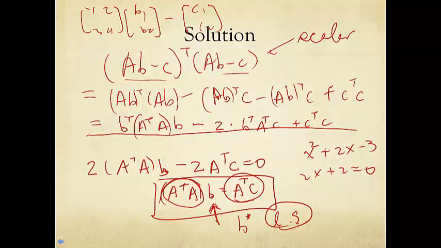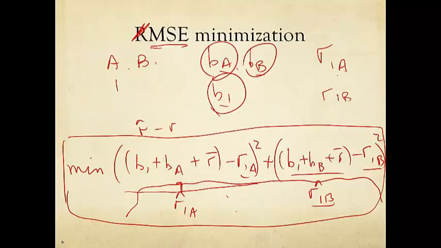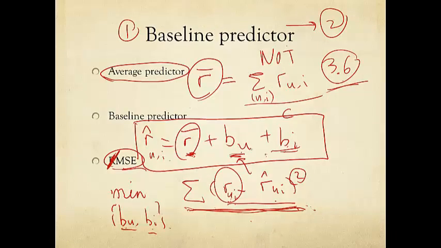Okay. Now you may wonder, this is kind of complicated. Why don't I just pick BU/BI to be the average rating across all movies for this user and average rating across all users for this movie? Well, it turns out that's a reasonable guess, but it does not necessarily minimize our error metric, which is root mean square error.